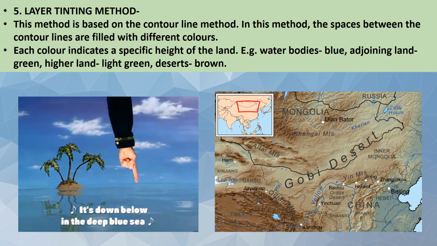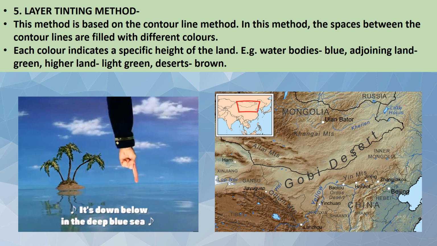The layer tinting method is based on the contour line method. It is also known as the layer coloring method. It helps us to show the relief of the land, that is, the difference in height between the high point and the low point.